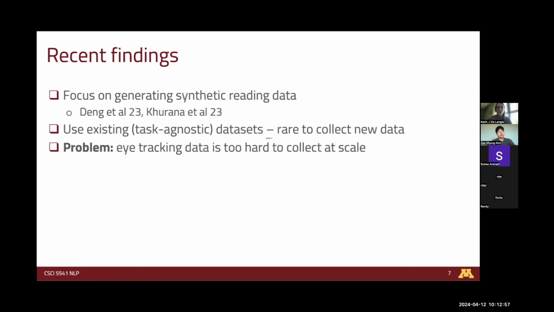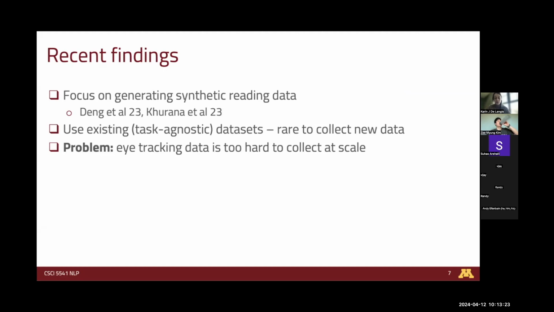Okay, so there's been some sustained small interest over the last 5-10 years or so in incorporating eye movement data in NLP for these reasons. It's rare that people are actually able to collect a new data set for use in NLP, and that's mainly a scalability problem.